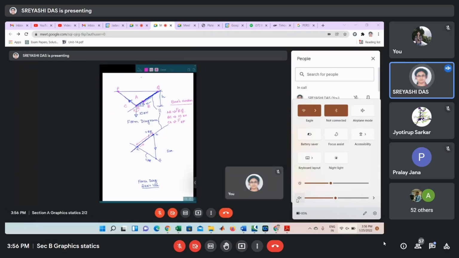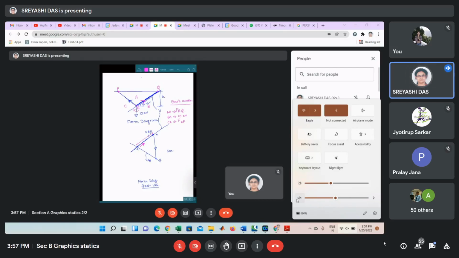You see this direction is from R to Q, and here from A to B. In terms of space, the member force is denoted by AB. Here A to B means the arrow is going towards B, so in the force diagram also, the arrow will go towards Q.